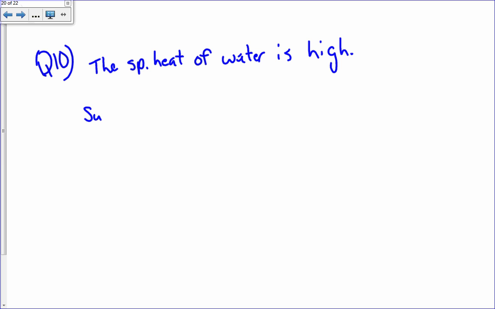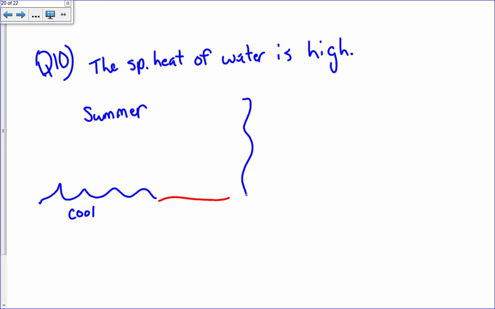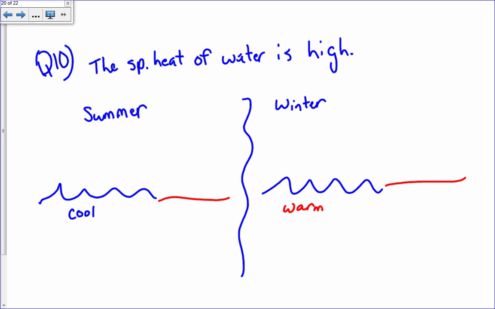So in the summer, you have your water and your inland, and the water is relatively cool because it takes a long time to gain heat in order to make it warmer. And then in the wintertime, here's our water, our land, and this water is relatively warm because of the high specific heat of water.